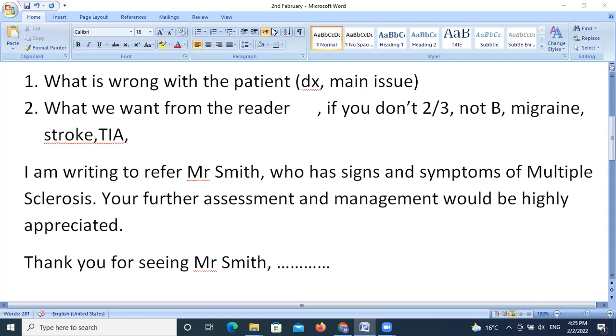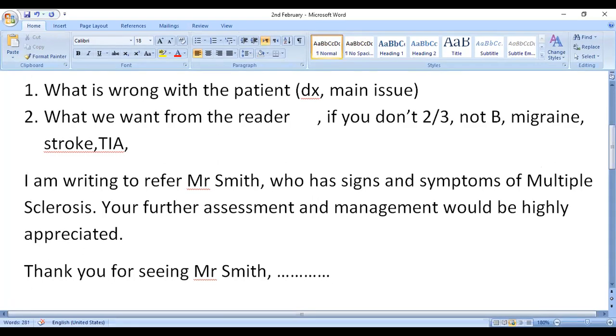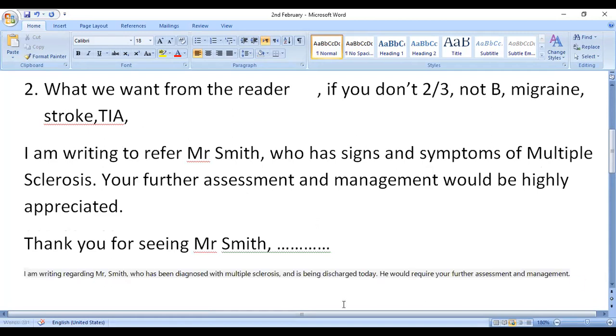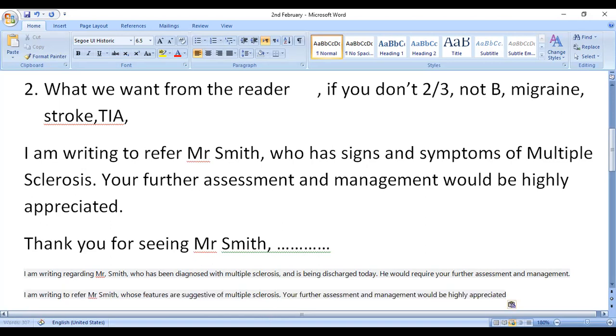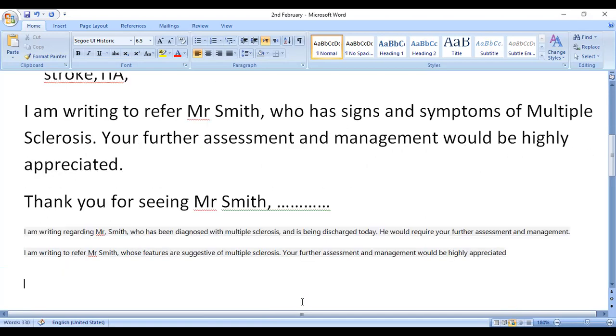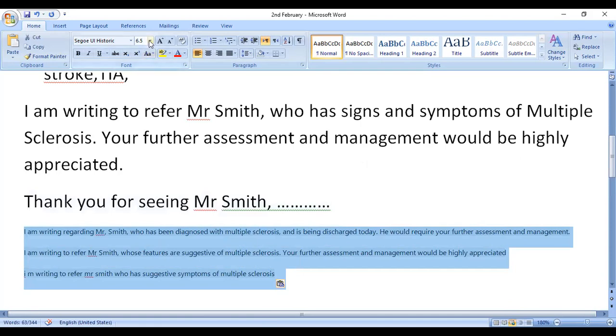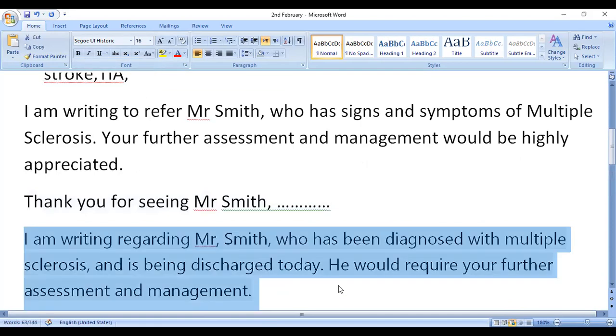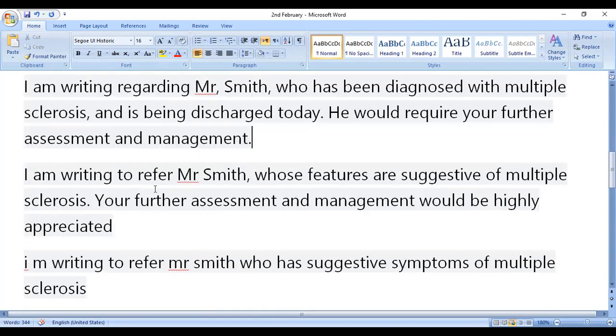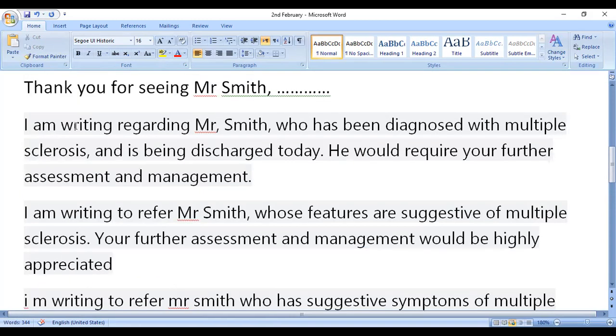The first one is written by Ms. Farah, the second one is written by Dr. Santosh, and the third one is just one part by Dr. Pravinder. Okay, so "I'm writing regarding".